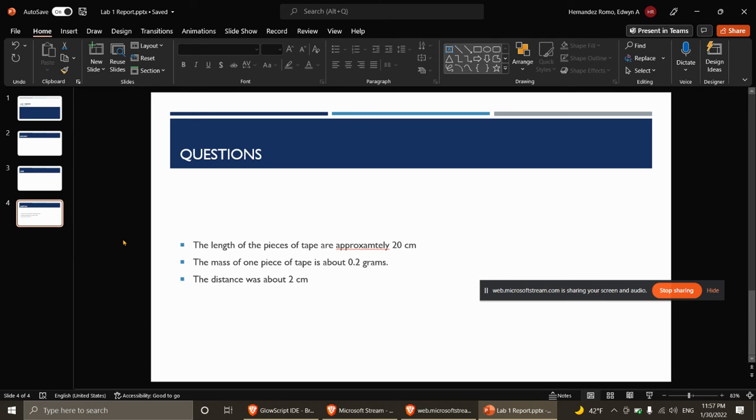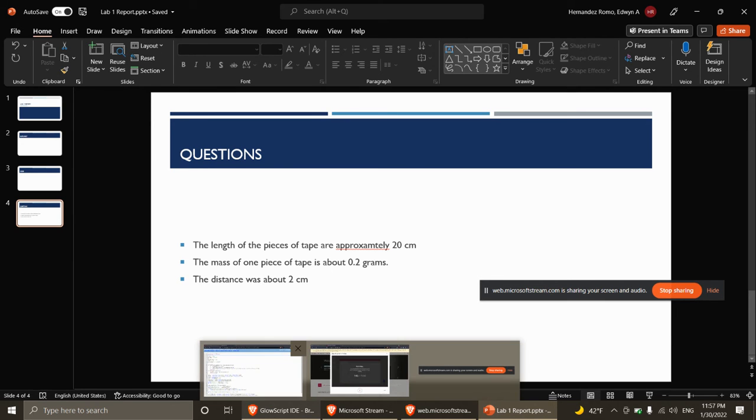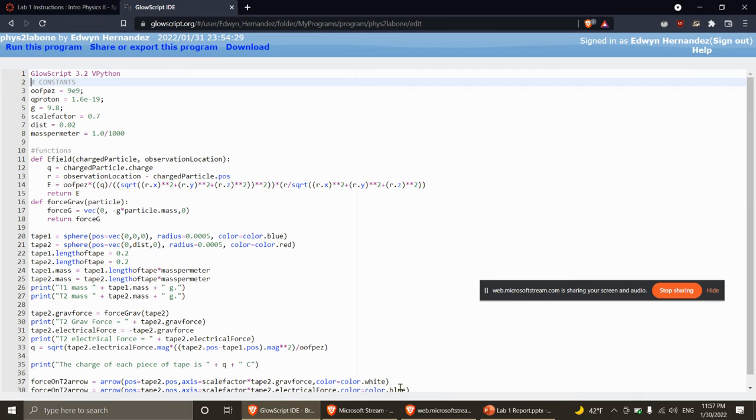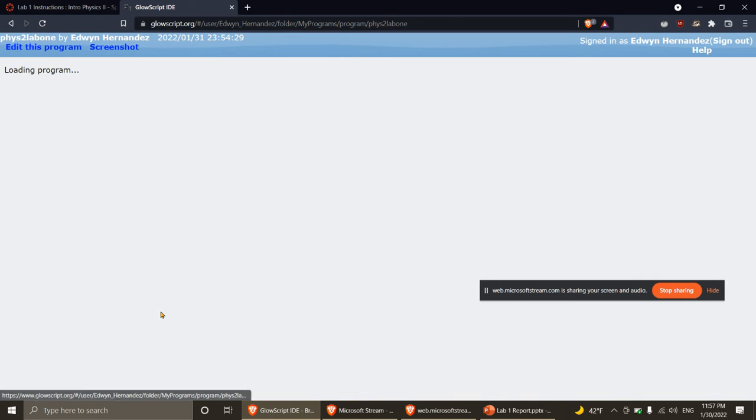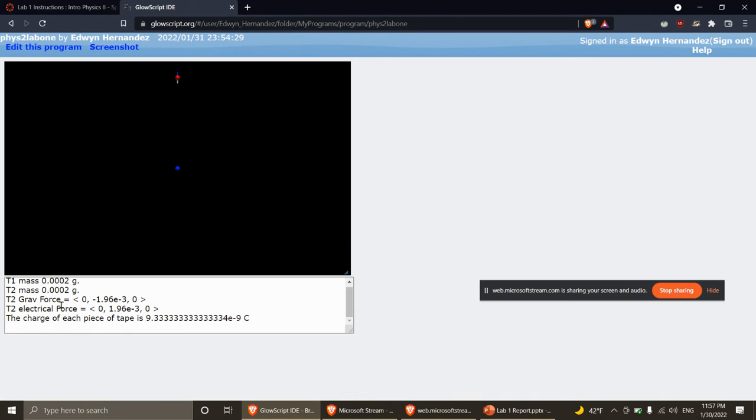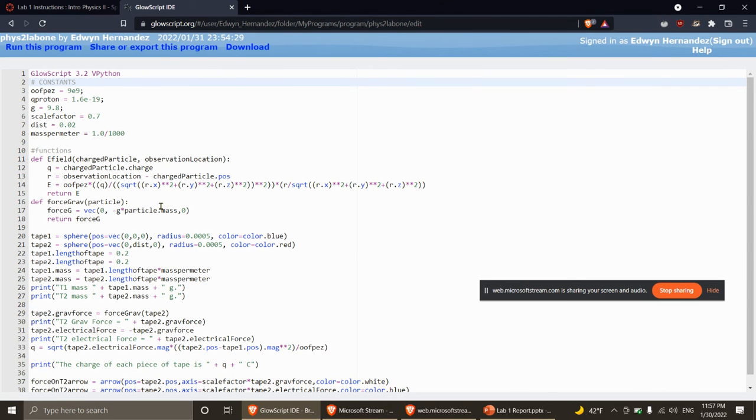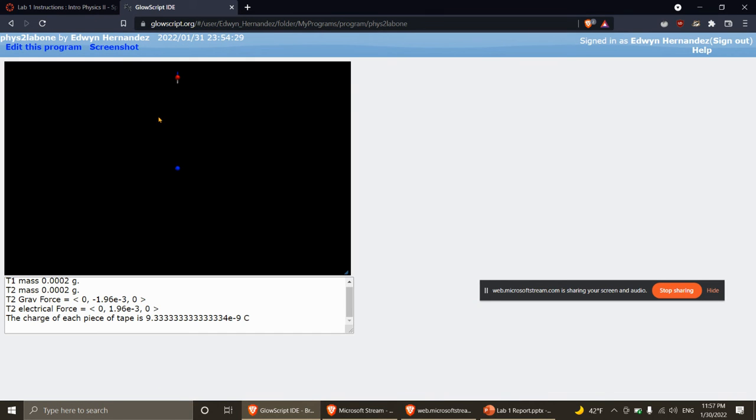It didn't hover that much. The gravitational force and electrical force are pretty much the forces here, in which you can get the electric field and multiply that by Q to get the particle charge.